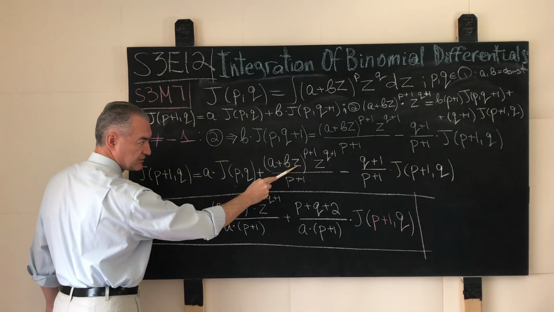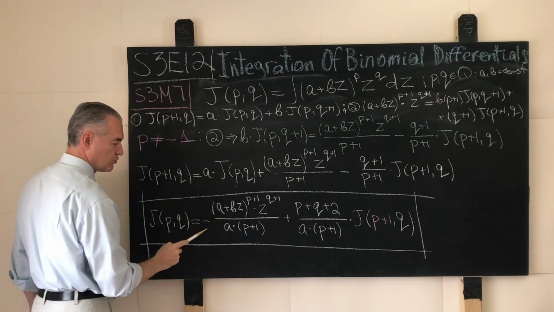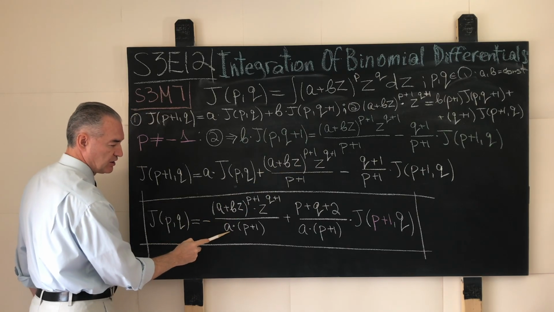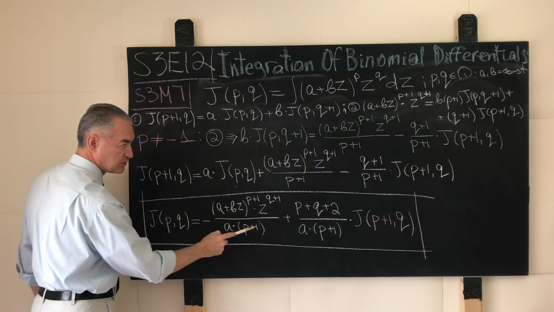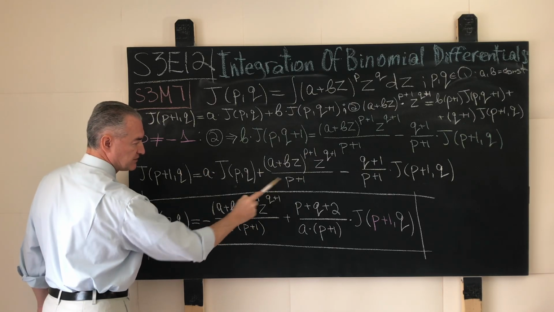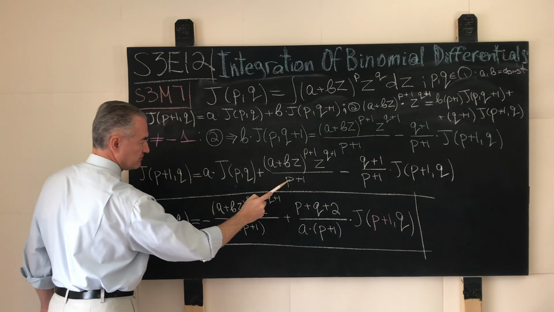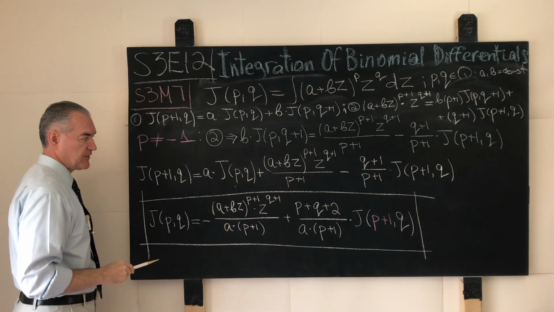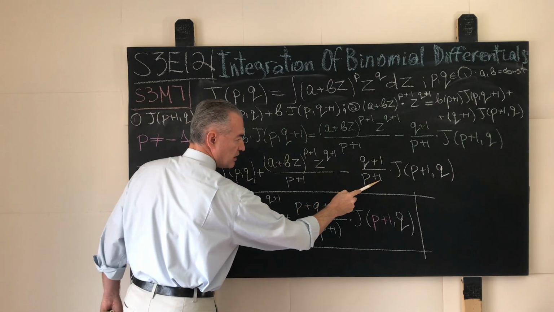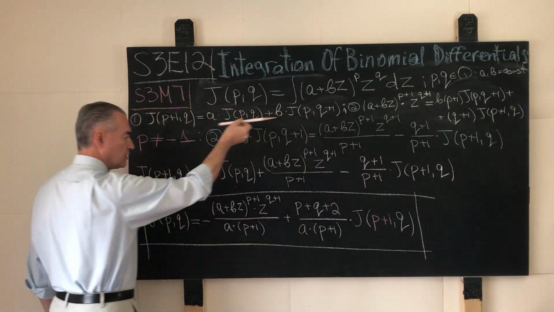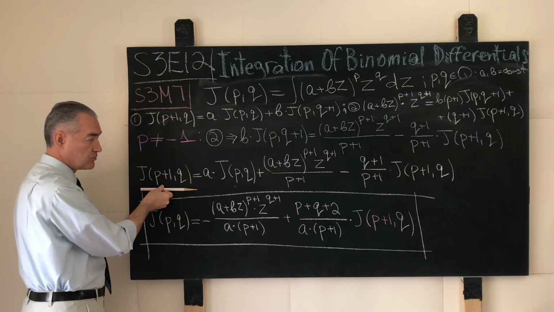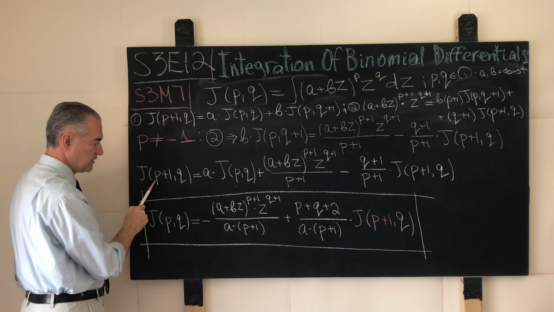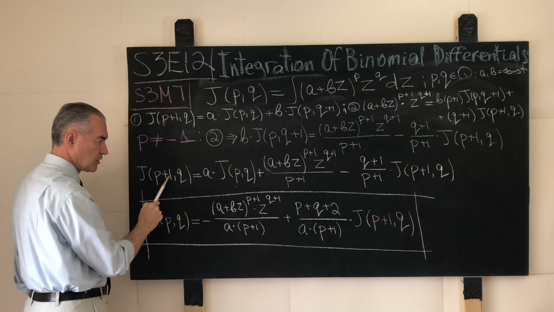So it's this summand carried over with the minus sign divided by a. So this is how a times p plus 1 makes it into the denominator. Again, straightforward arithmetic, nothing to do with highbrow mathematics. And once we bring this summand over to the left-hand side of the equal sign, we'll have one and the same integral J of what? P plus 1, q.